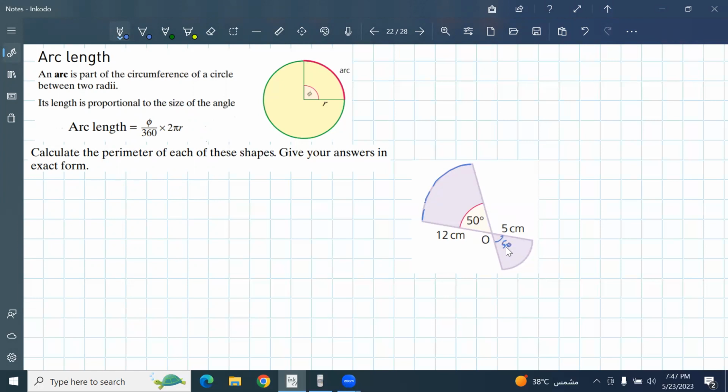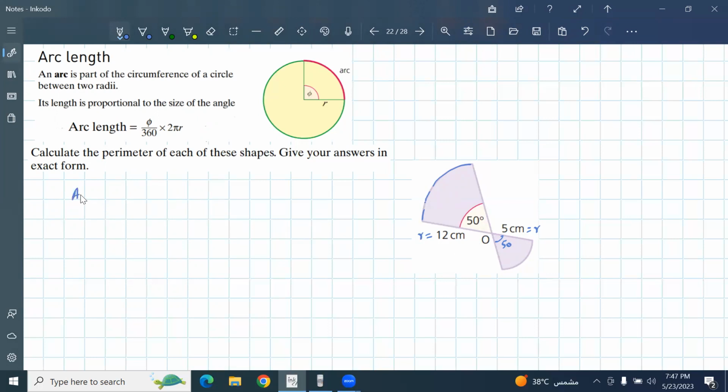Here we also have 50. For this arc length we have angle 50 as well as r equal to 12, and here we have r equal to 5 and angle 50. First we will find the arc lengths, and then we will add all the outer lengths to calculate the perimeter.